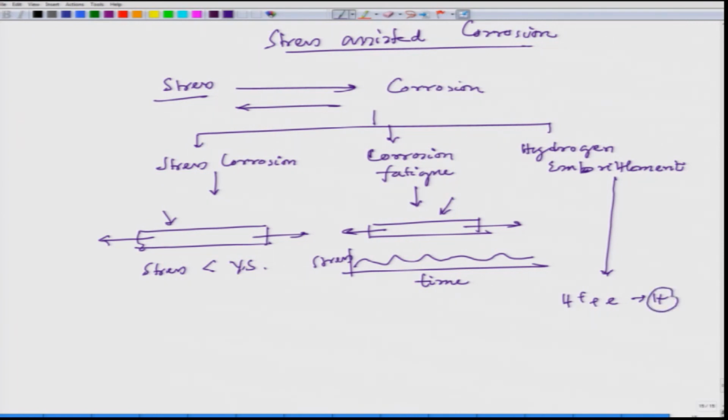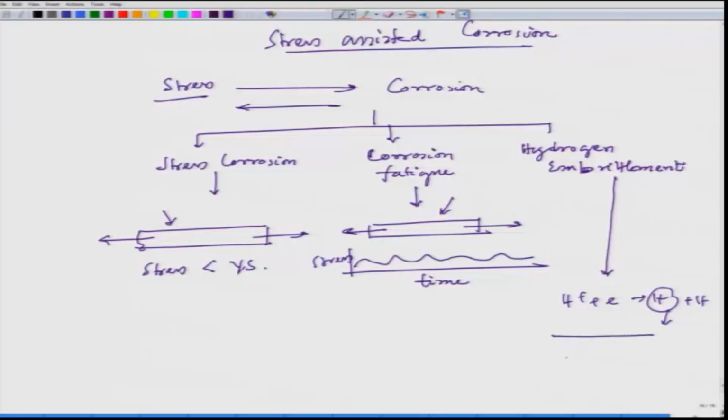So, this atomic hydrogen, before it combines with another hydrogen, is very active, and it can react with hydride forming elements present in the steel, like titanium, which will allow the formation of brittle intermetallics in front of a crack tip, and they will go for a brittle mode of fracture. So, this is hydrogen embrittlement.